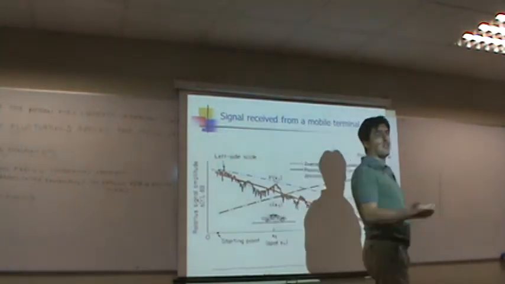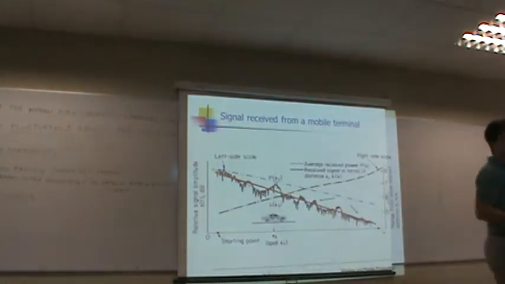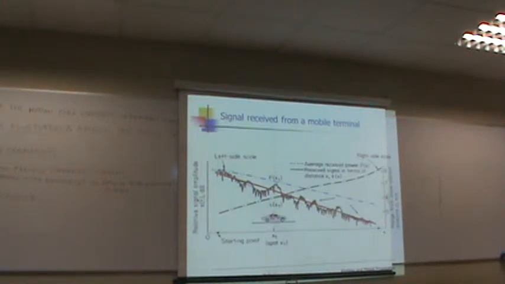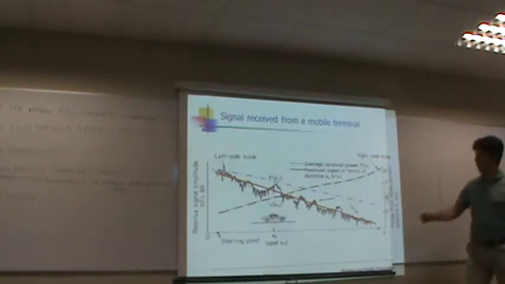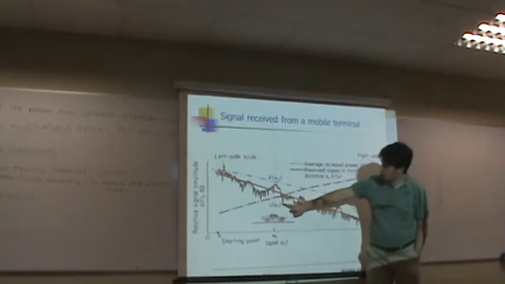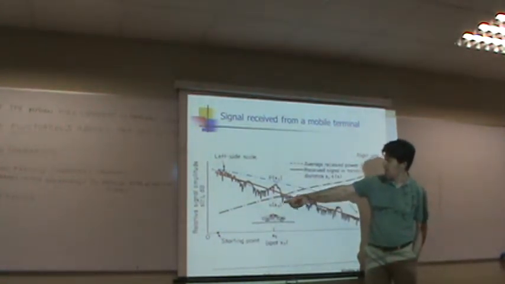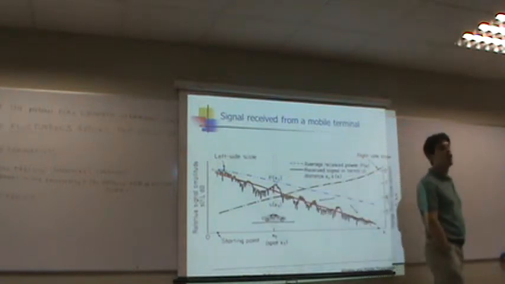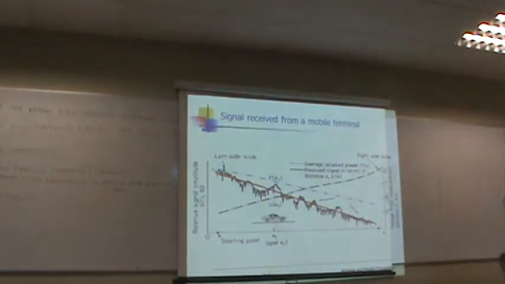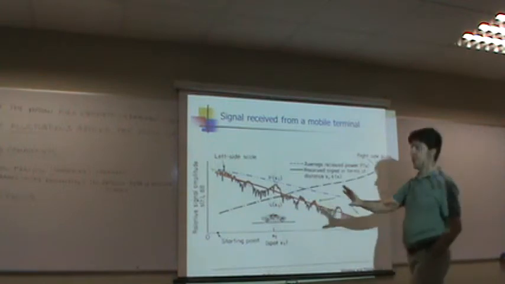The scenario does not change if you move the car by 50 centimeters. So the deep zero signal that you find is due to the destructive interference of the electromagnetic rays. You are unlucky and you stop your car here. Then you move it a little bit, boom, and the signal jumps up. This is fast fading.